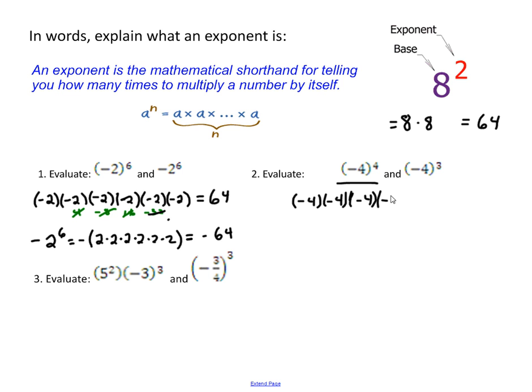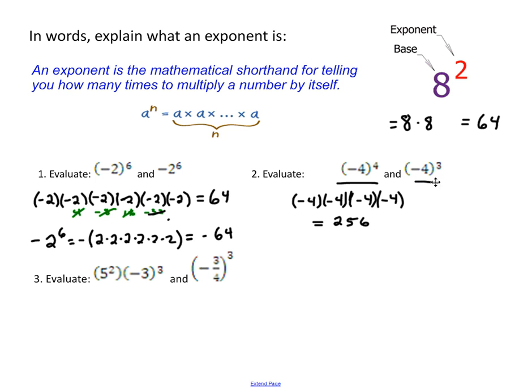And as you can see, if we take negative 4 and multiply it by itself an even number of times, we're going to get a positive answer. 4 times 4 is 16. 16 times 4 would be 64. We multiply 64 times 4 one more time, and this is going to be 256.